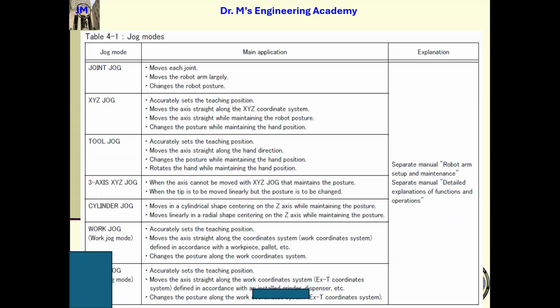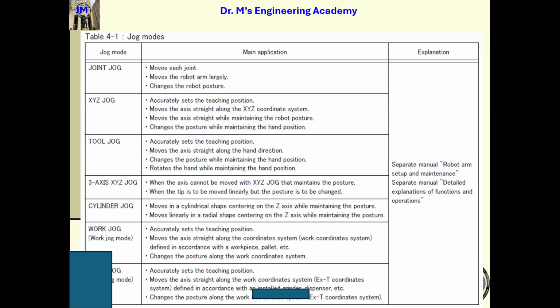This jog accurately sets the teaching position and moves the axis straight along the hand direction. And it changes the posture while maintaining the hand position, rotating the hand while maintaining the hand position.